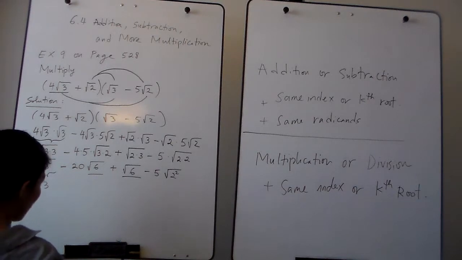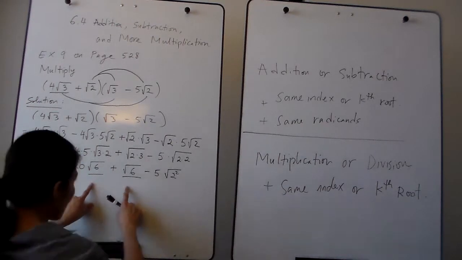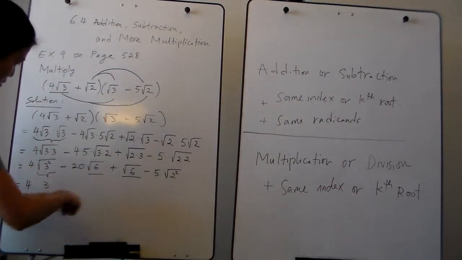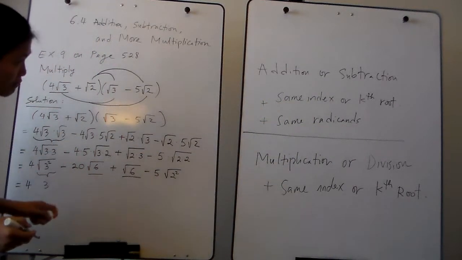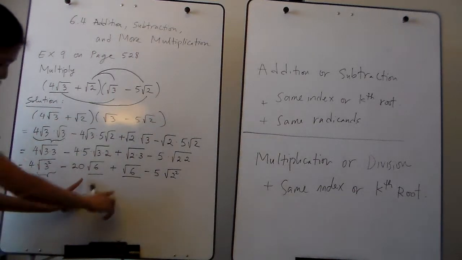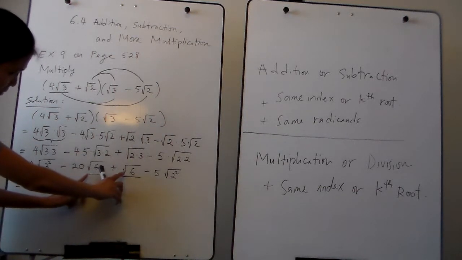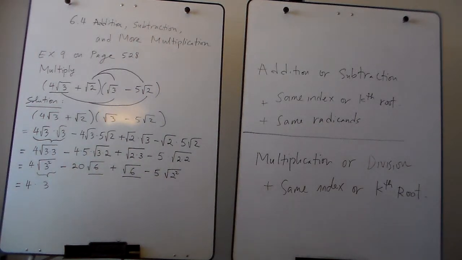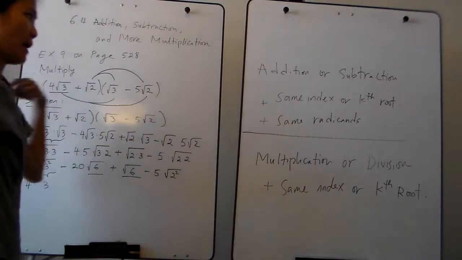So for addition of two radical terms, you need to verify these two conditions. First, do they have the same index or k-root? And the answer is yes, because both have square root, k equal 2, k equal 2, so they match. So the first condition is met.